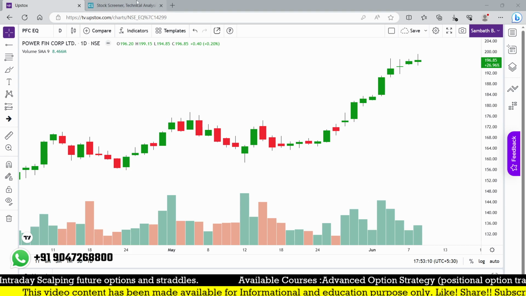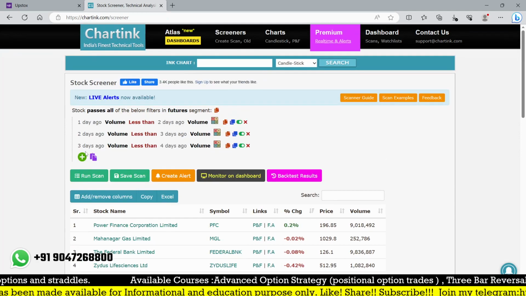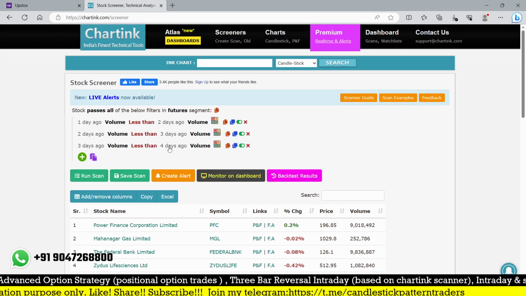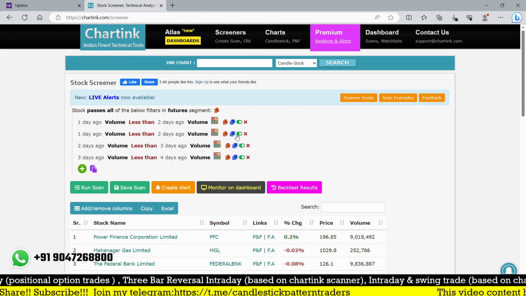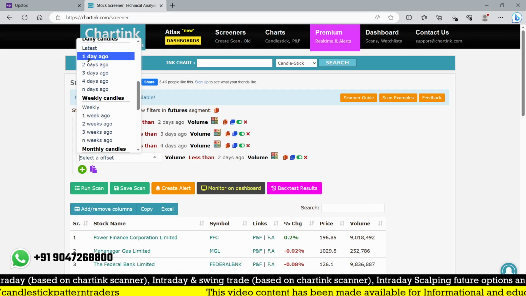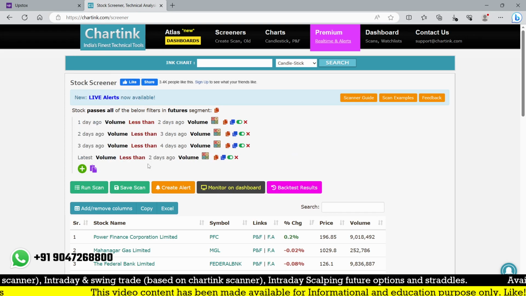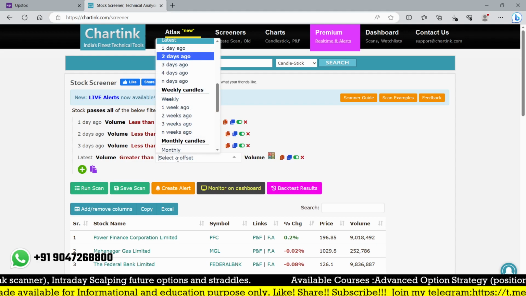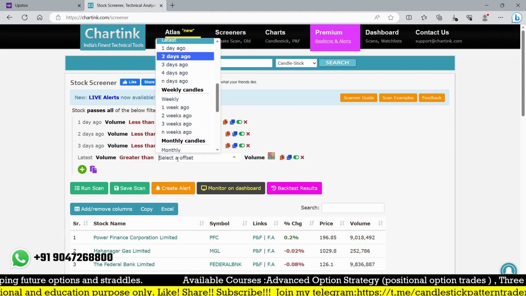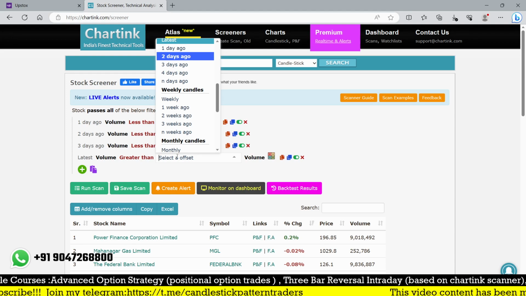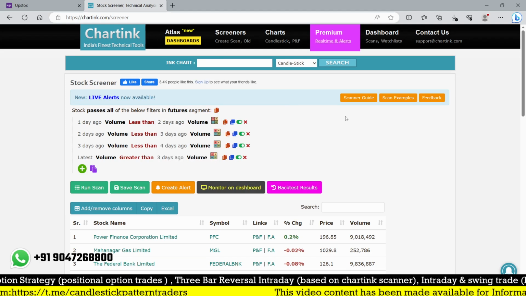If any stock gives you that, here the last 3 days volume we have completed. And one more thing we are going to add, a fourth line: the latest volume must be greater than 1 day ago, 2 days ago and 3 days ago.